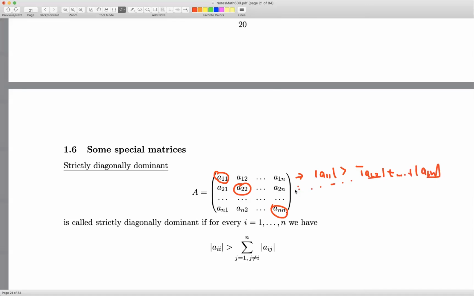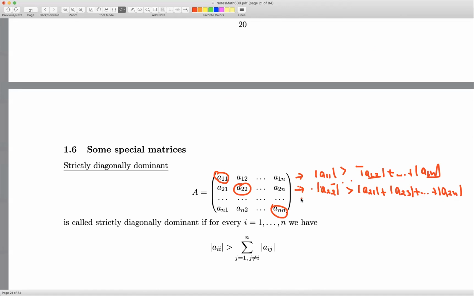If we look at the second row, this means that absolute value of A22 is strictly bigger than the sum of the absolute values of the elements that are on this row but off the main diagonal: absolute value of A21 plus absolute value of A23 plus, and so on, plus absolute value of A2n.